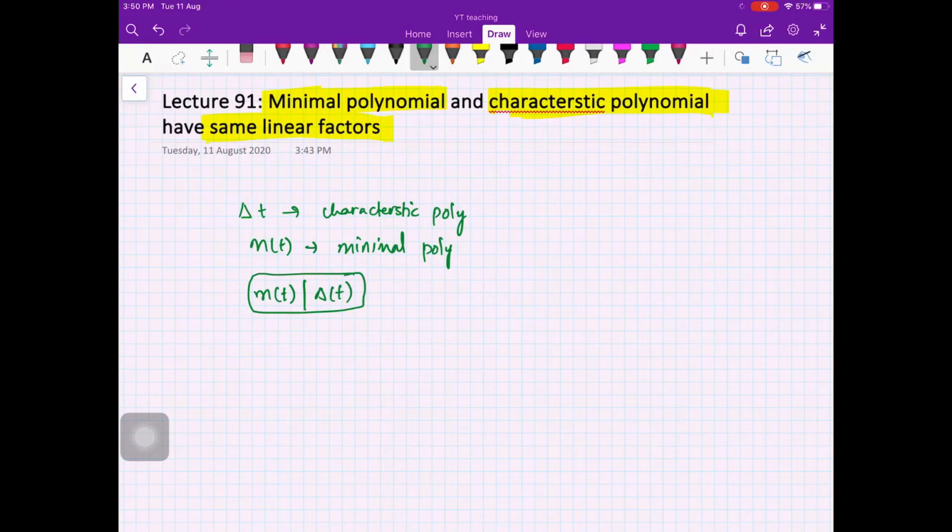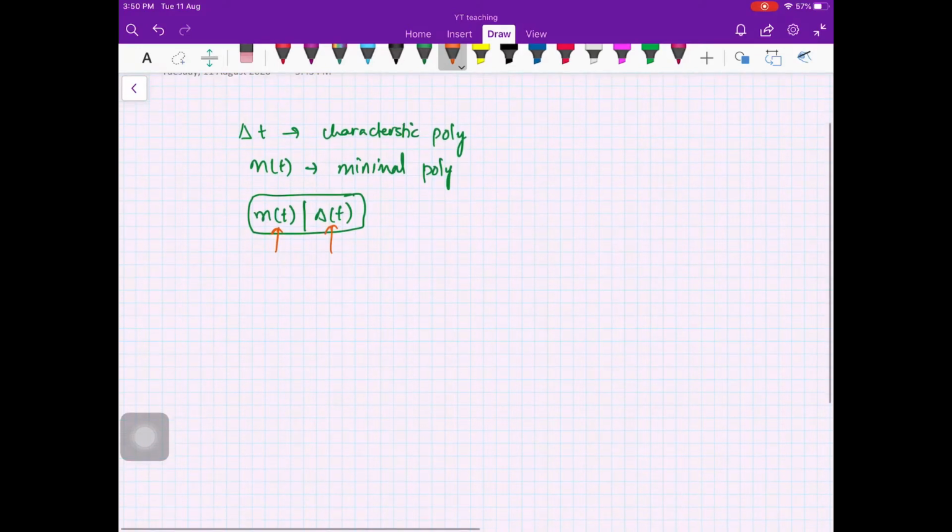Now we are saying that whatever are the linear factors of m(t), the same are the linear factors of Δ(t), right? So before proving this result, we are proving one more result.